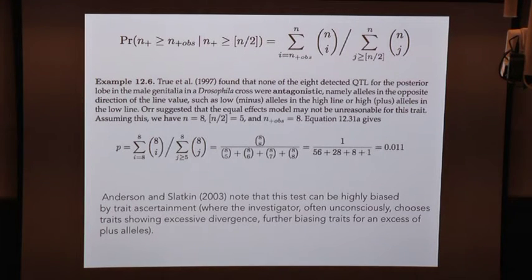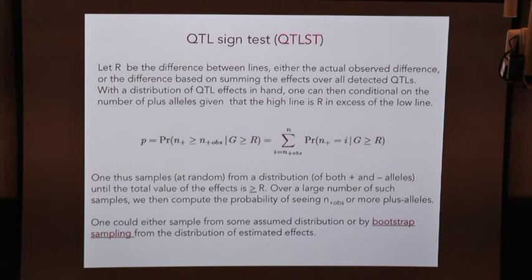Now, the way to get around that, and the way to account for the fact you could have unequal effects, is the QTL sign test. Not for equal effects, just the QTL sign test. Again, the idea is the same. Actually, let's go back a step further.